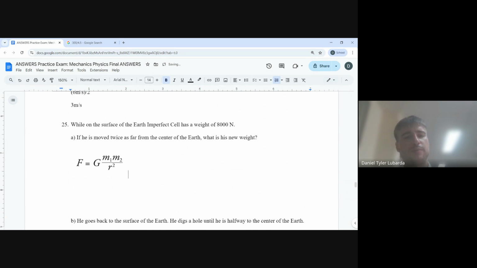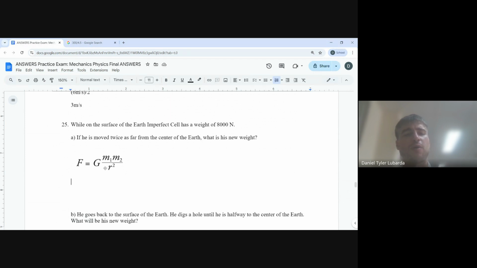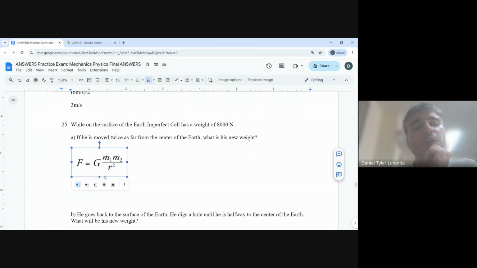Okay. So this is our law of gravitation. Now, I don't want to go through and plug in the mass of the Earth and the mass of Imperfect Cell and that constant. So what can I do? Well, I can say, if R equals 1, just the distance we have right now, then we know F equals 8,000 newtons.